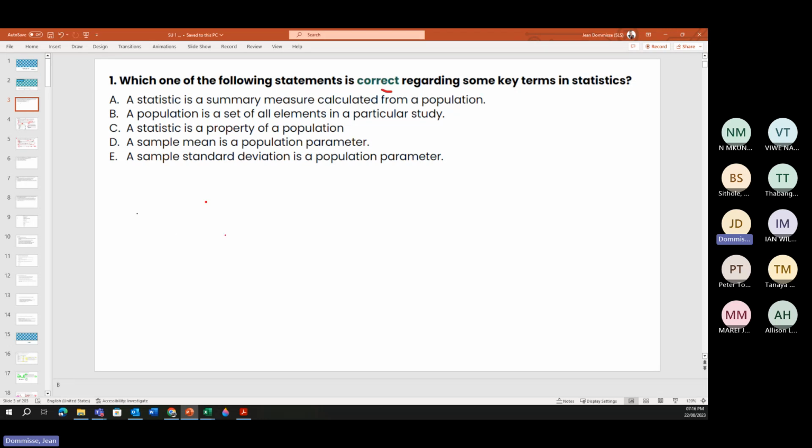What I always say is, the statistics go with the sample. How I remember it is the S with the S. Parameters go with population, and again, the P with the P.